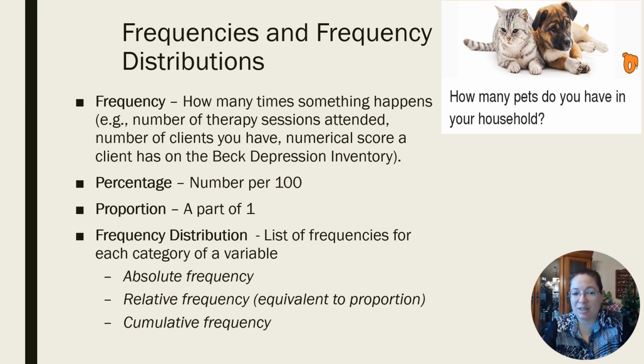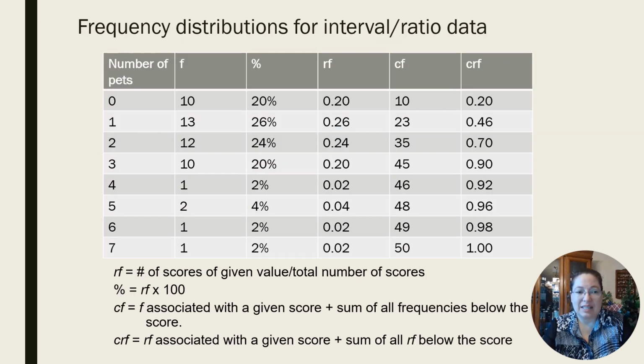So a proportion is out of 1, a percentage is out of 100. And that gives us the frequency distribution table when we do it for each variable. Let's see what that looks like. So here we have a frequency distribution table for some information.